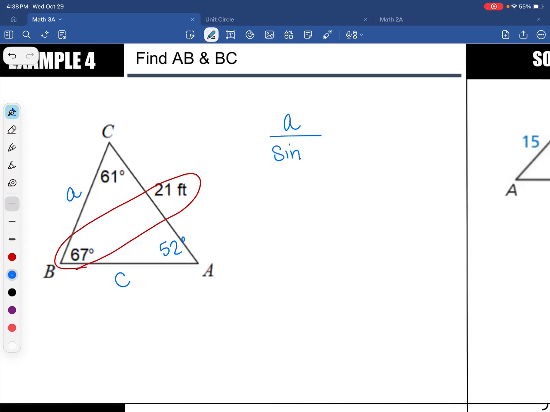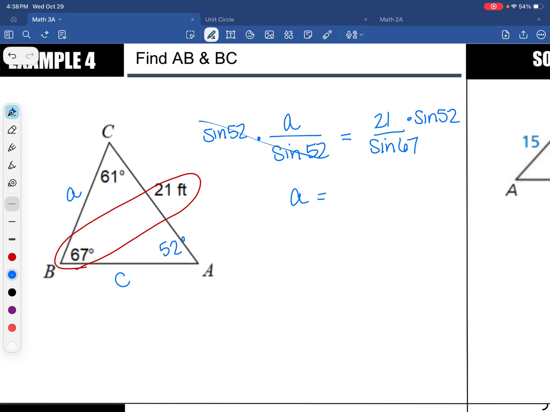So A over sine 52 is equal to 21 over sine 67. Okay, and then we'll just multiply by sine 52. These ones are kind of nice because you don't have to find the arc or anything like that. We just quickly multiply them.